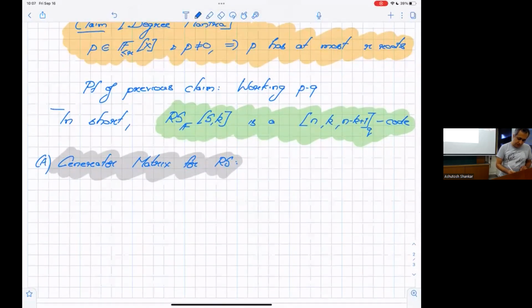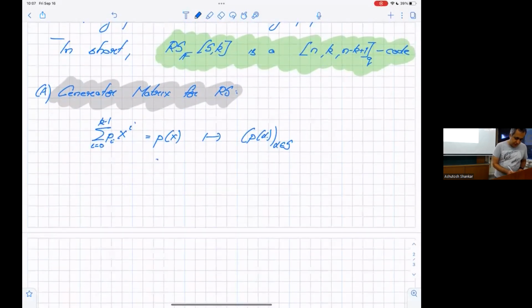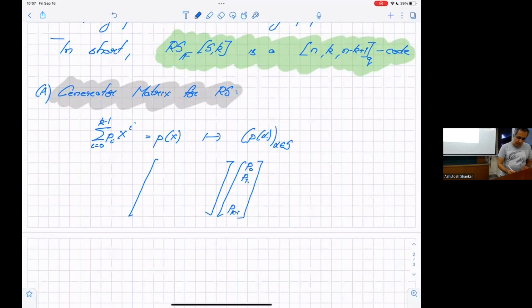What did we see? We saw that P of X, which was the summation of p_i x^i, with i going from 0 to k minus 1, was getting mapped to p(alpha_1), and so on up to p(alpha_n). What is this map doing? It's looking at the vector p0, p1, all the way up to p_(k-1), and multiplying with 1, alpha_1, alpha_1 squared, all the way up to alpha_1 to the k minus 1.